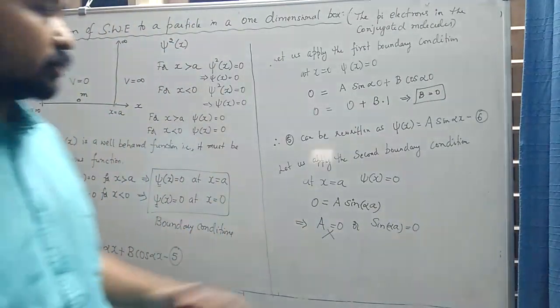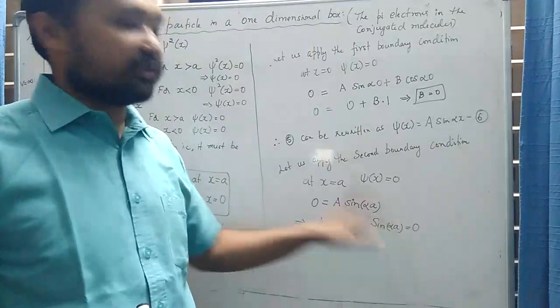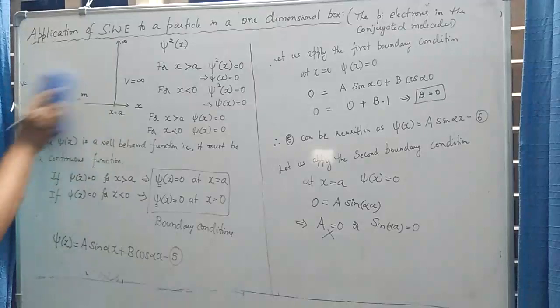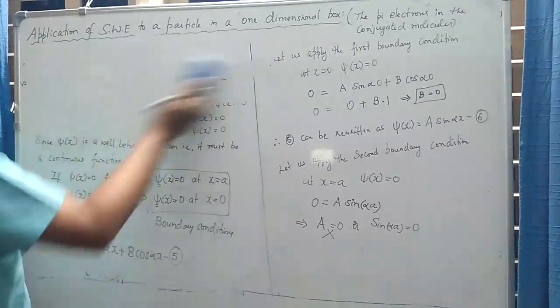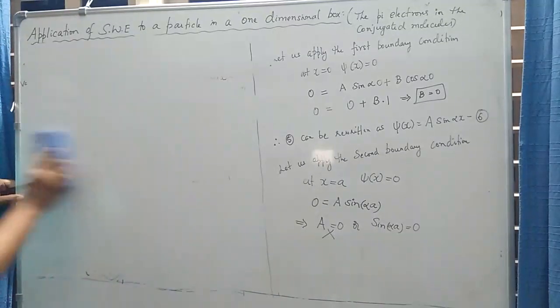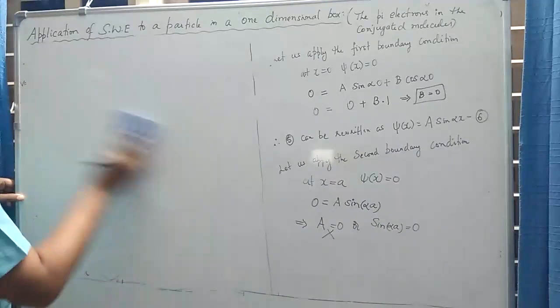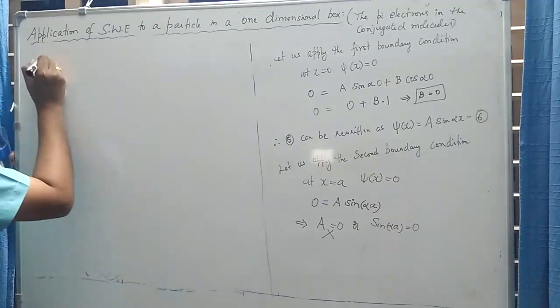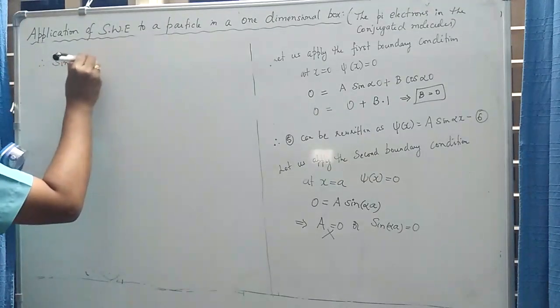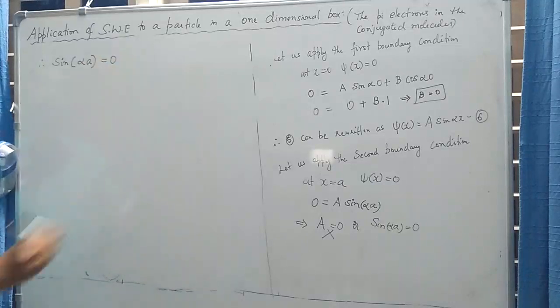So the only possibility is that sin of alpha A should be equal to 0.